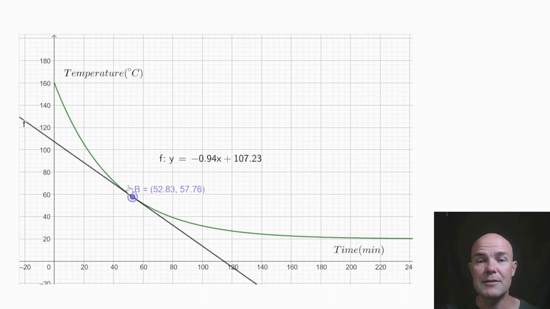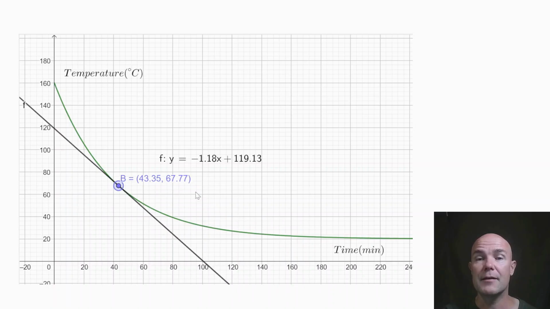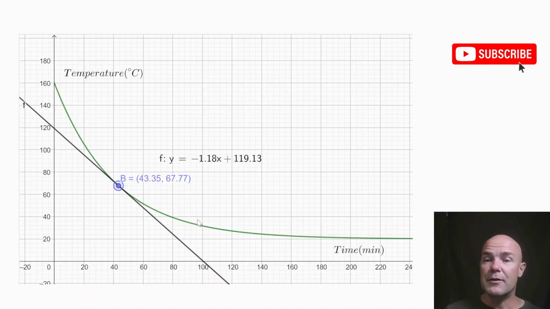So the important part here is that differentiation is all about the gradient of a tangent drawn to a certain curve, because that will give us how fast the values of the function are changing. And usually we don't have a graph like this to do the calculation, or a program like this to find the values of the gradient of a tangent.